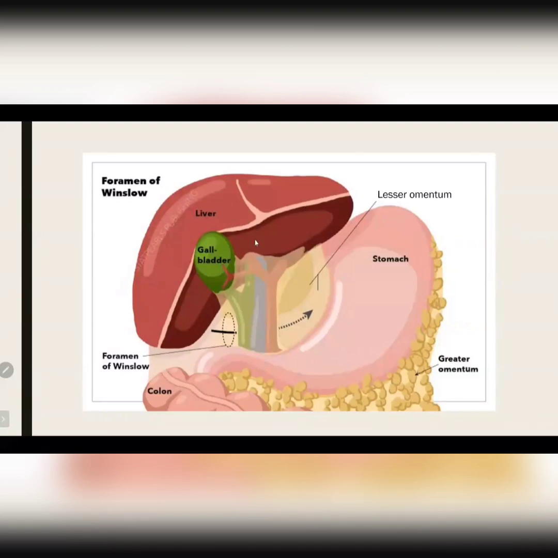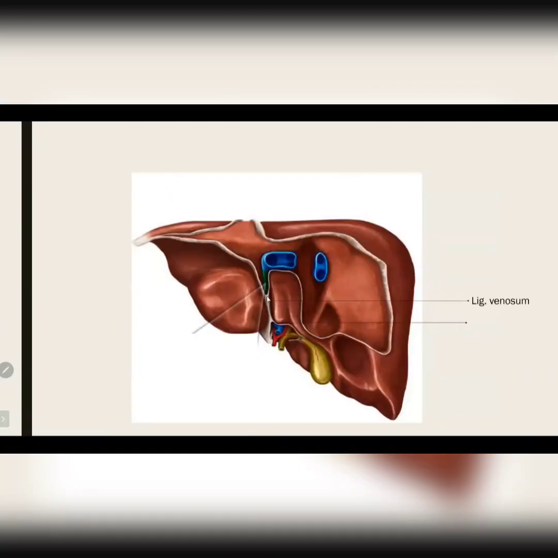So lesser omentum is having an attachment to the inferior surface of the liver. So lesser omentum is attached to this region on the inferior surface. This region is known as the groove for ligamentum venosum.